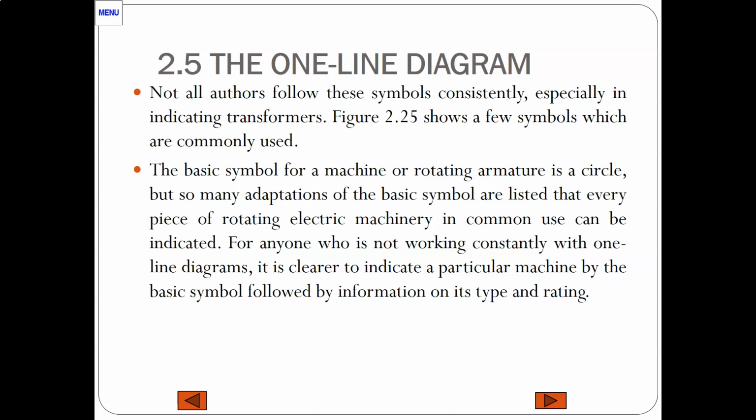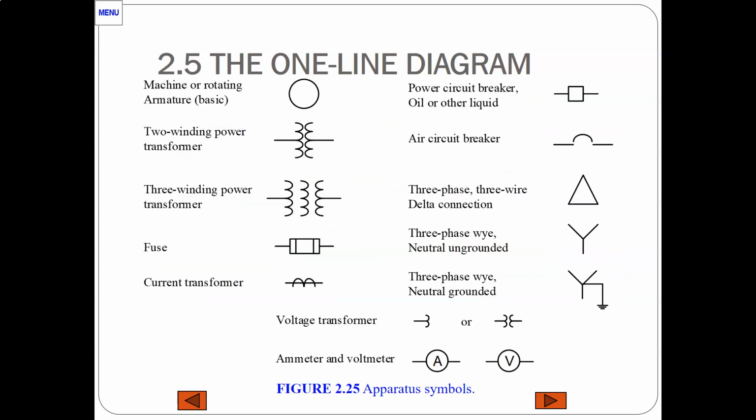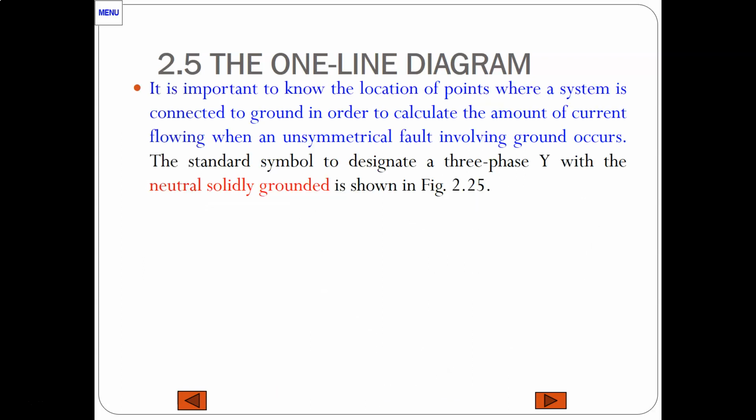I also use some different symbols in the lectures than you see in this book. Here is an overview of the typical symbols that can be used, from the machine to the power transformer. This is a little different from what I sometimes use in my lectures. And then you have the typical symbols that you can use in a one-line diagram.